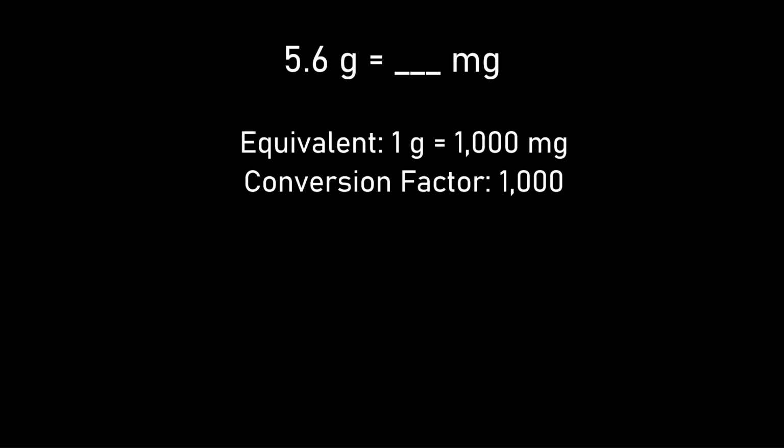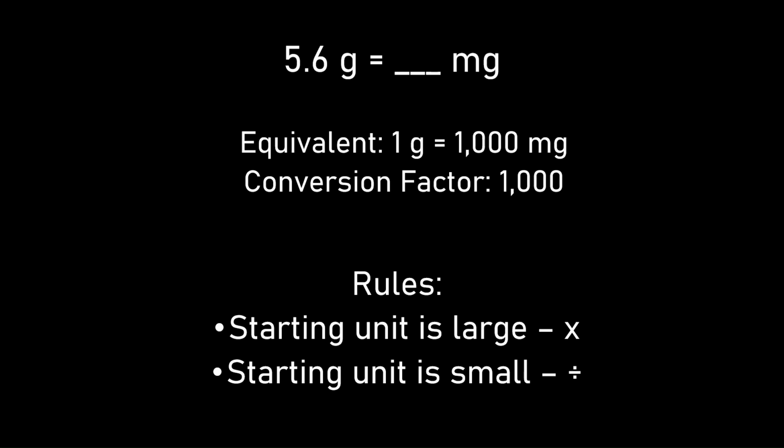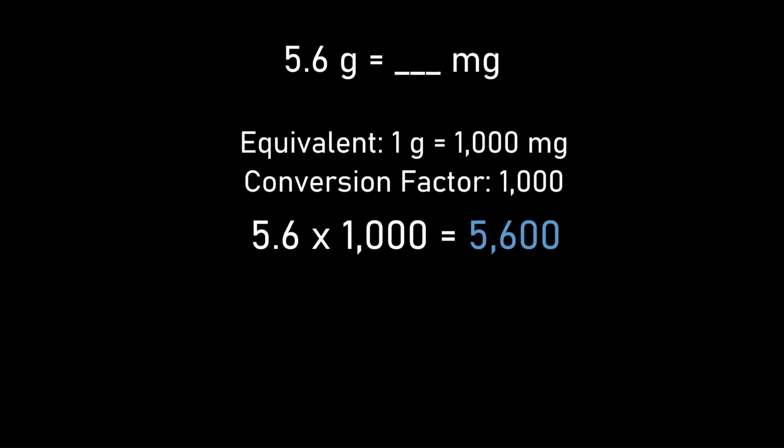In our equivalent, grams is associated with the number 1, so we know it's the larger unit. That means we're converting from the larger unit, which means we'll be multiplying. 5 and 6/10 times 1,000 is equal to 5,600. So our answer is that 5 and 6/10 of a gram is equivalent to 5,600 milligrams. That means that our answer was correct in our dimensional analysis.